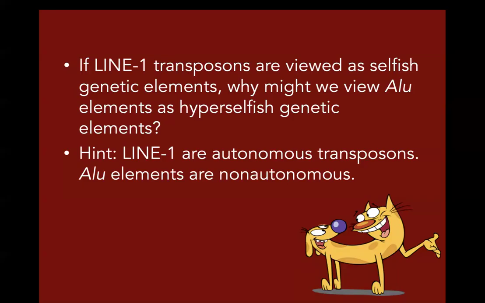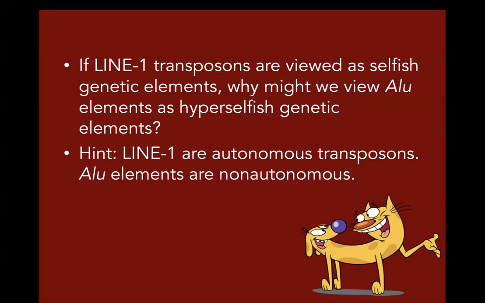All right, so if a LINE-1 transposon is viewed as a selfish genetic element, why might we view ALU elements as hyperselfish genetic elements? I'll give you a hint: LINE-1 are autonomous and ALU are non-autonomous. What can you do if you're autonomous versus non-autonomous?